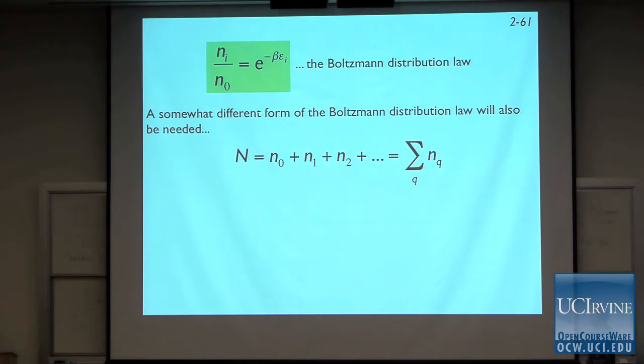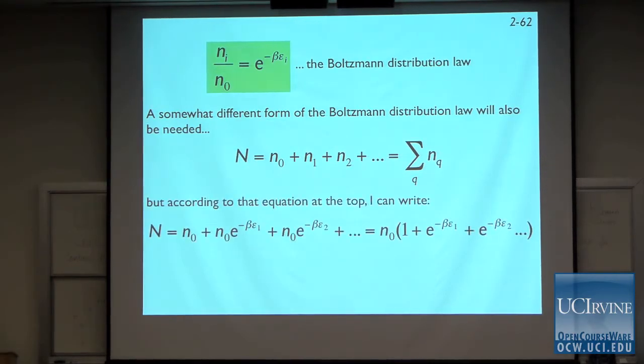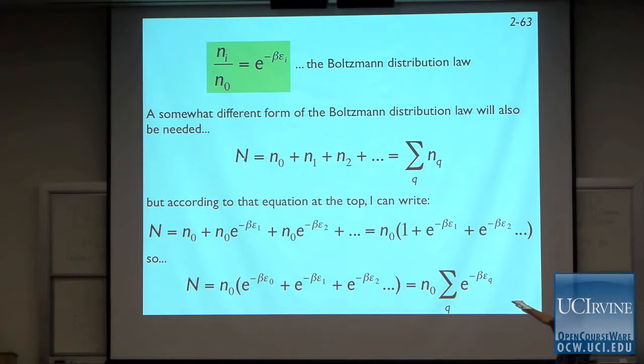Now, we also need a different form of the Boltzmann distribution law. You can look at these slides later, and there's a little derivation of that here. The total number of molecules is equal to the number of molecules in the ground state plus the number of molecules in the first excited state plus the total molecules in the second excited state. We can write a summation formula in terms of that. There it is.